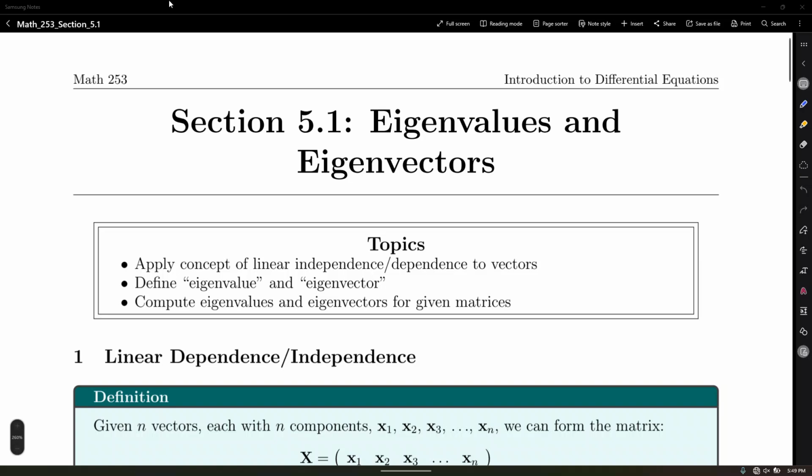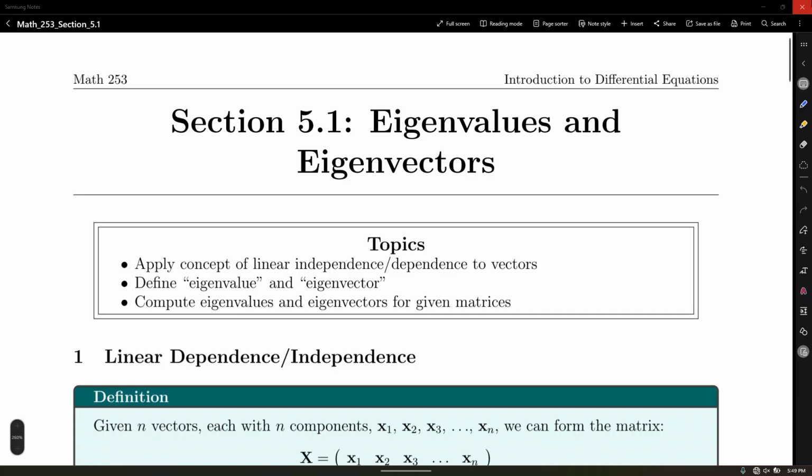So for this section 5.1, eigenvalues and eigenvectors, we're going to discuss the primary tool we need to solve systems of differential equations. Even though there are a few methods to solve systems of differential equations, such as the one I'm about to present, we can also use substitutions as if we were solving any system regularly.